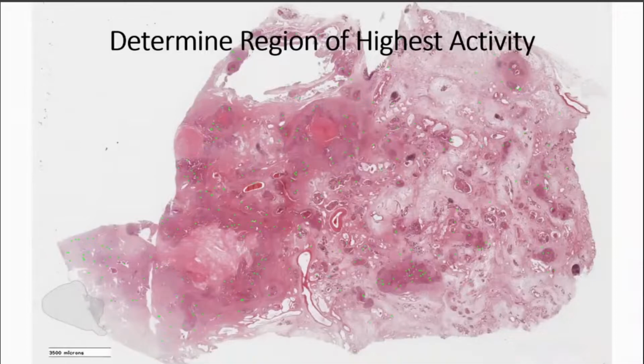Those green dots represent where the mitotic cell activity is on this specimen, and so their job is to scan through the entire slide on the microscope and determine where that region is. Now, they're trained and they know that certain areas are more likely to have the mitoses occurring, but still, this visualization shows the challenge of identifying where the highest concentration may be within the slide.